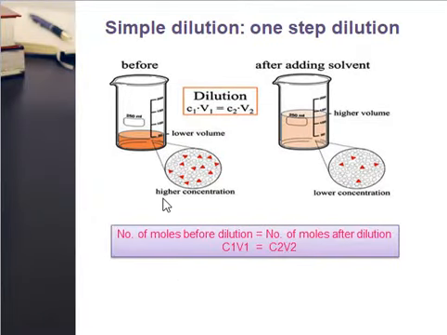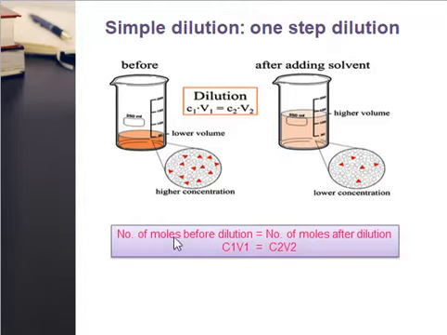This leads us to a clue on how we can deal with simple dilution, or the one-step dilution. We said the amount of NaCl did not change. This can be expressed by the equation: number of moles before dilution equals number of moles after dilution. The amount of NaCl here is equal to the amount of NaCl here, but the distribution, and so the concentration, between the two beakers is different.